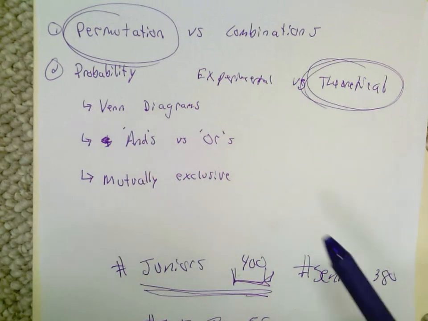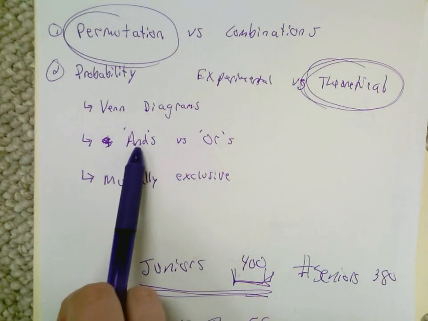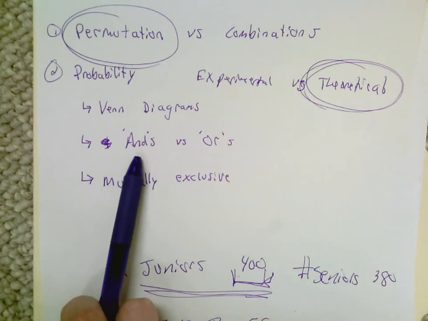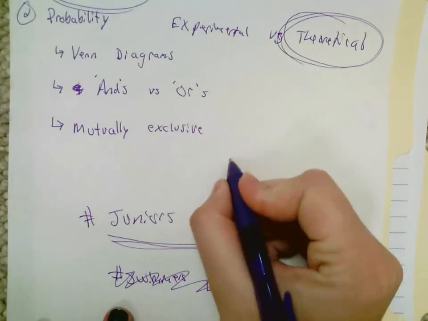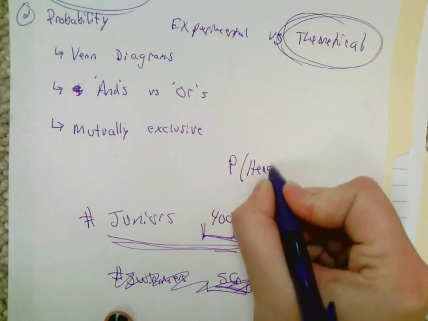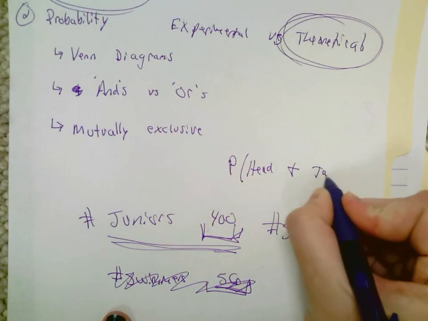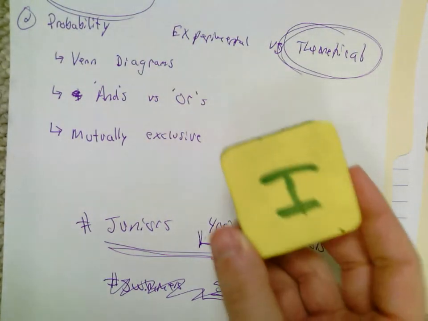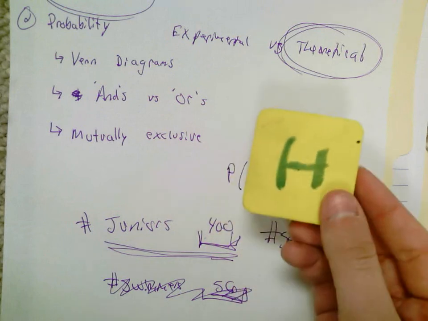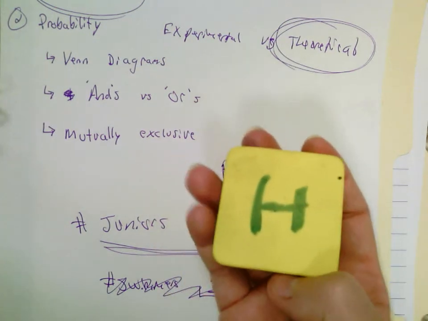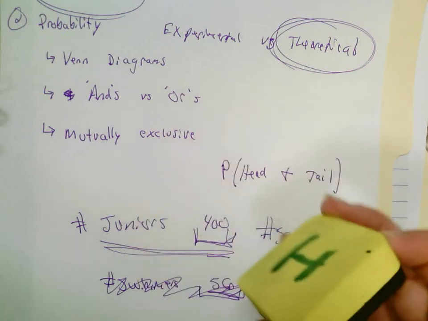Remember that kind of overlap? That's the big difference between ands and ors. And means that I want both things to happen. If I said, what's the probability of flipping a heads and a tails? Well, if I flip this coin once, could I flip both a heads and tails at the same time?